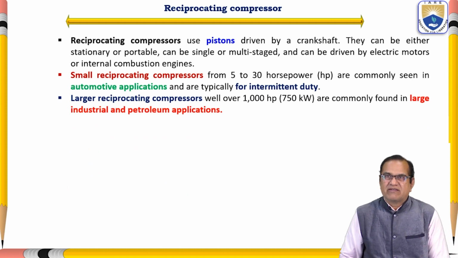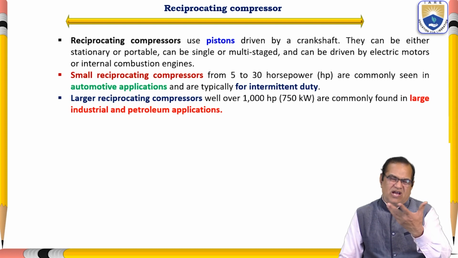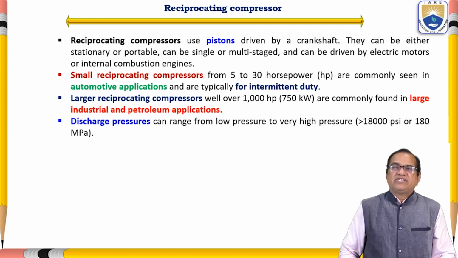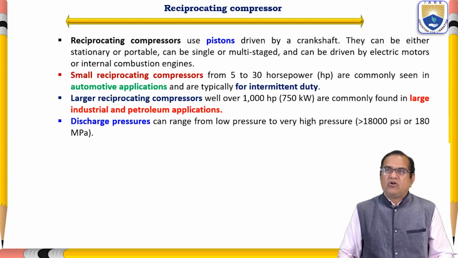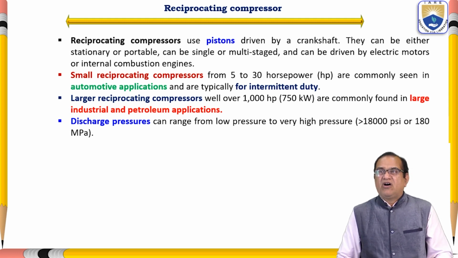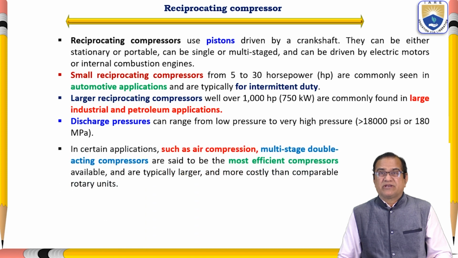Larger reciprocating compressors well over 1000 horsepower are commonly found in large industrial and petroleum applications. So the small ones are used for our buses and trucks, for charging. Discharge pressure can range from low pressure to very high pressure, 18,000 psi or 180 megapascal. We can develop this much pressure.